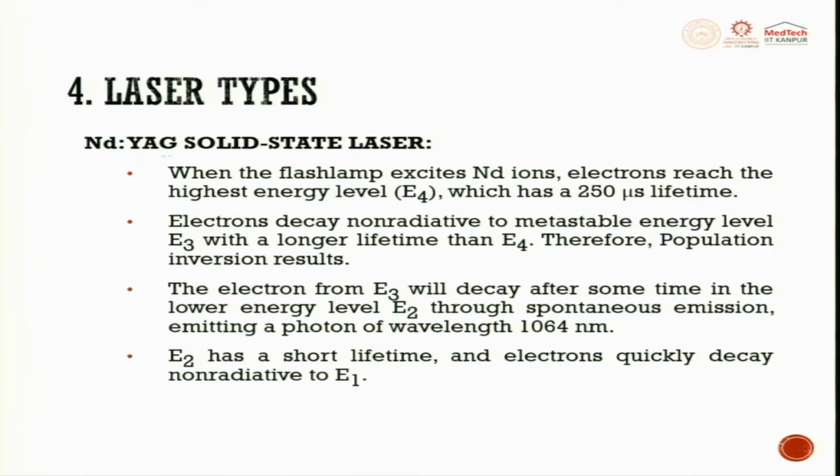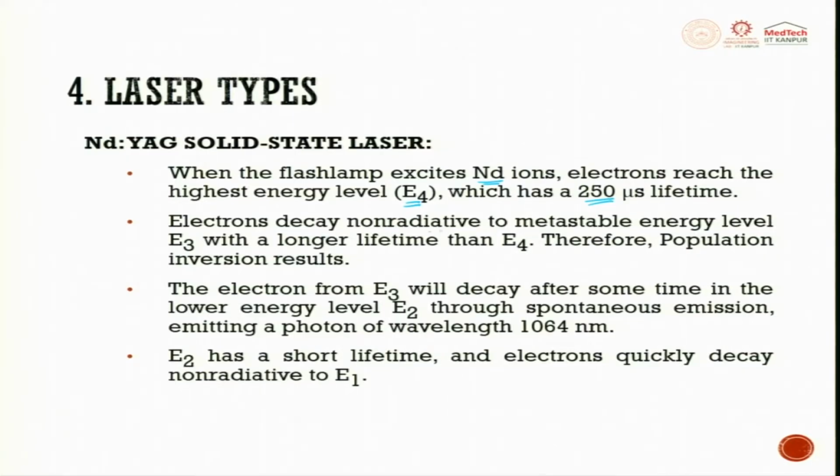So the Nd-YAG solid state laser will have a flash lamp which excites Nd ions. Electrons reach the highest energy level E4, a 4 level, which has a 250 microsecond lifetime. So you see from E1 to E4, E4 to E1. So 250 microseconds will be the lifetime.